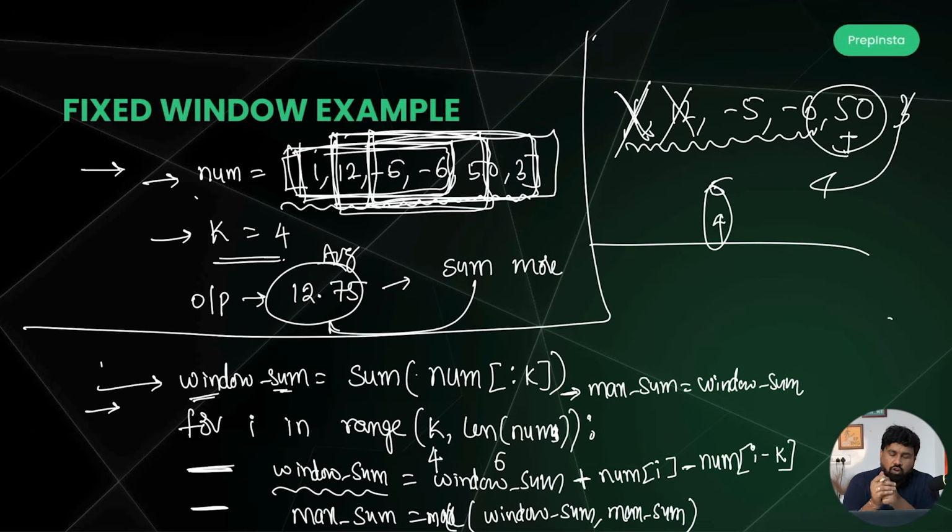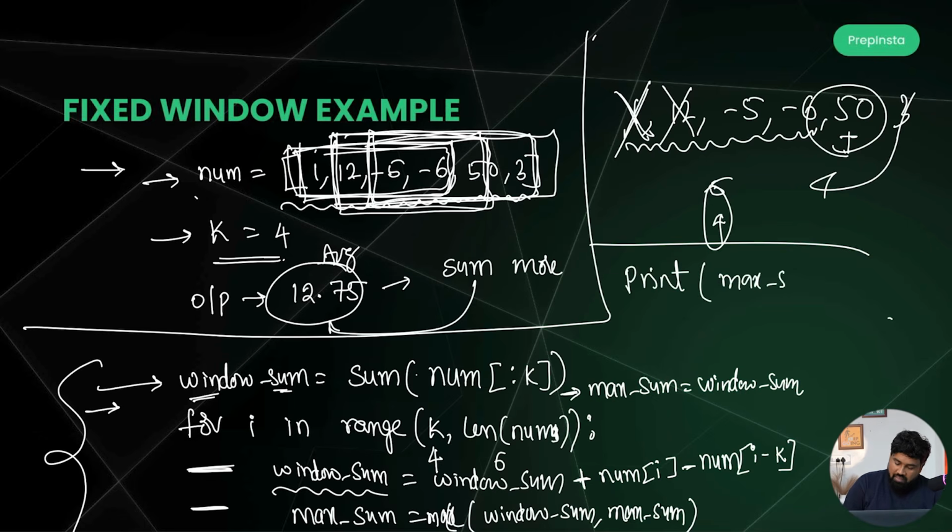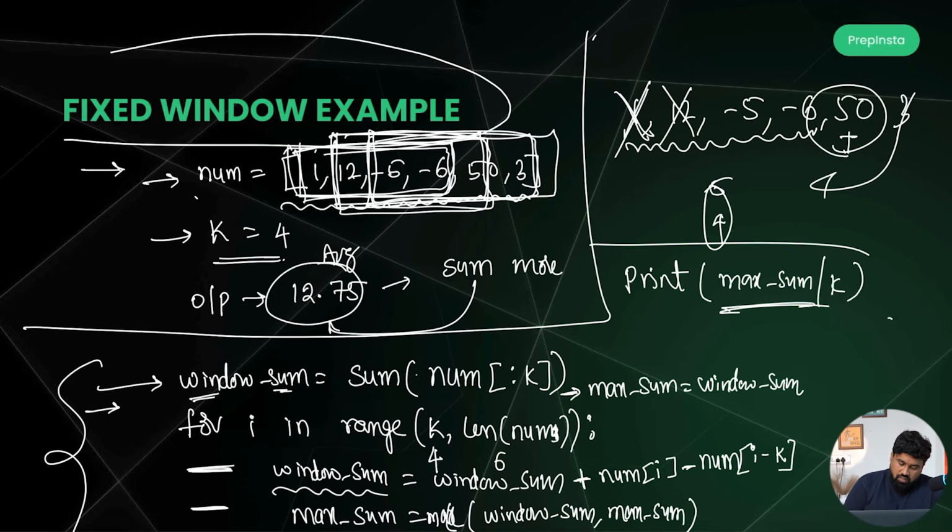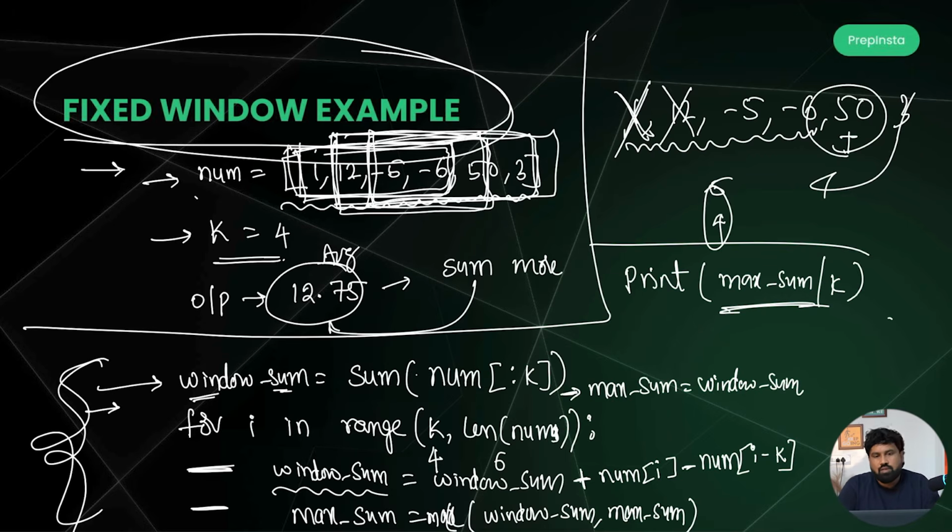And at last, after the algorithm is completed, I have to come out of the loop and print max sum divided by k. Why? Because average is nothing but the sum divided by the number of elements, which here means the length of the subarray. Simple. So fixed window is so easy to implement like this.